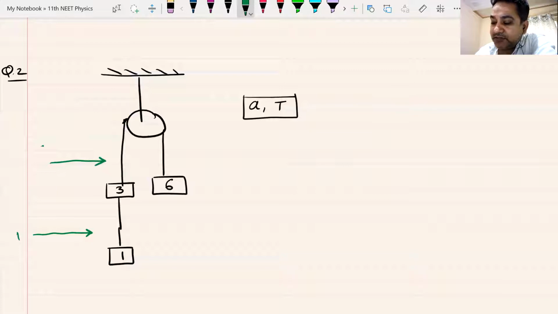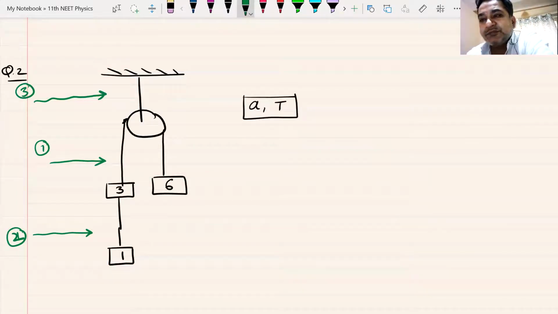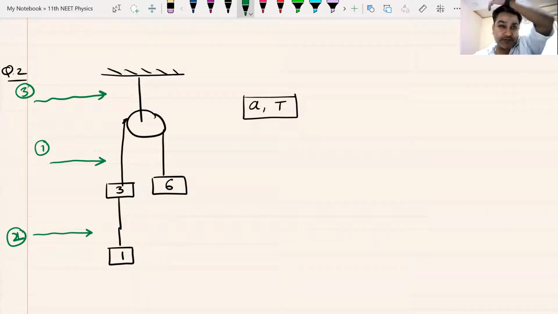I can call this string number 1, I can call this string number 2, and the third one could be a string or a hinge or a rod. I'll give you 2 minutes to solve this problem. Follow the steps, solve the problem. If not, I'm always there to help you. 2 minutes, I'll keep quiet.